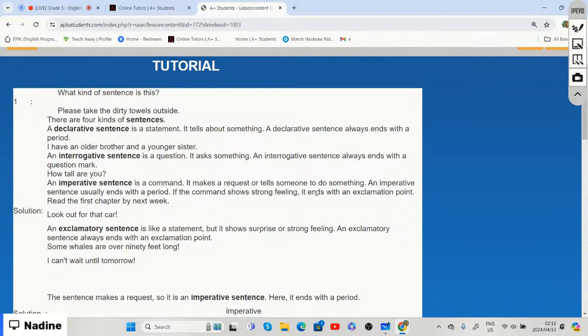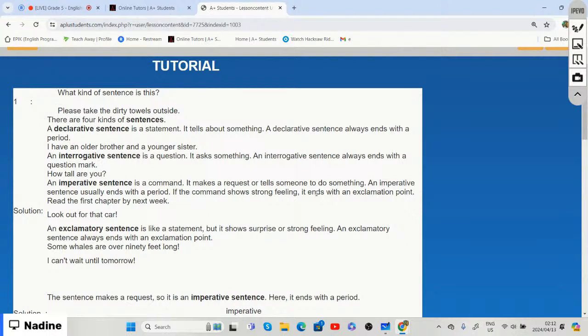Then we have an interrogative sentence, right? An interrogative sentence is a question. If you get confused with an interrogative sentence, what you can do is think of the movies where they lock up people, right? They take people to jail.